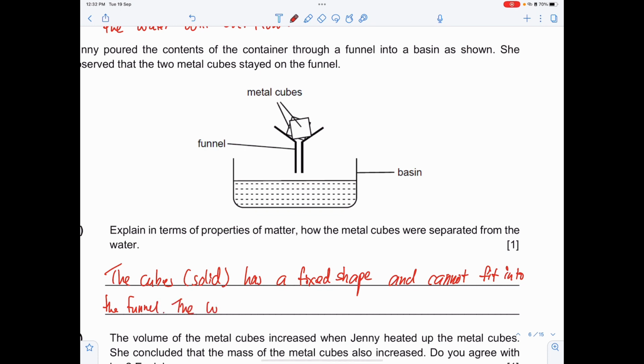The water, this is liquid, does not have a fixed shape or definite shape and is able to pass through the funnel.